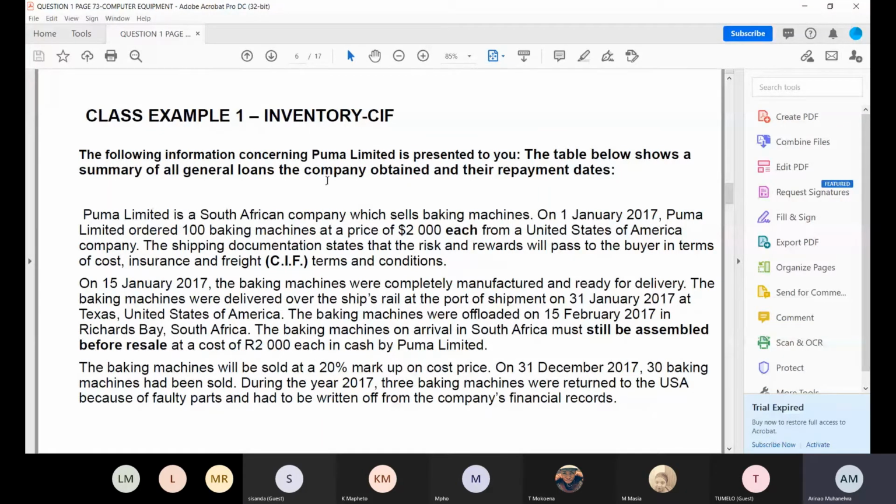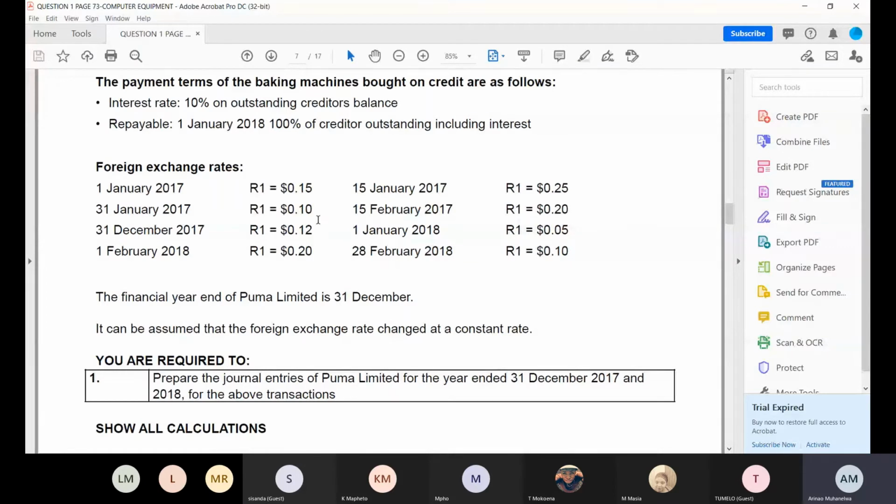So let's look at this class example number 1, or question number 1. As a norm, we normally look at the required first, and then we go and read the information provided to us. In this case, they want us to prepare the journal entries of this company for the years ended 31st December 2017 and 2018, two financial years.